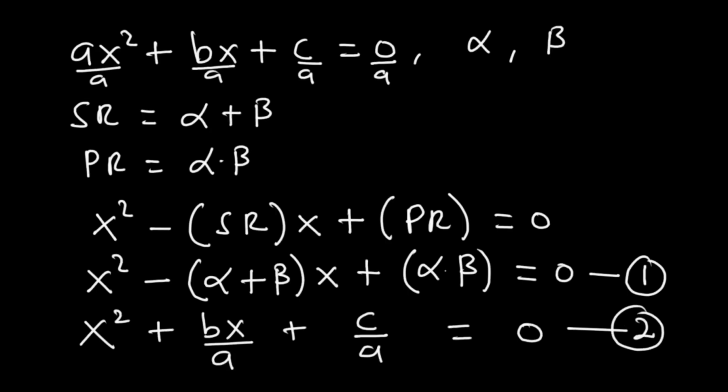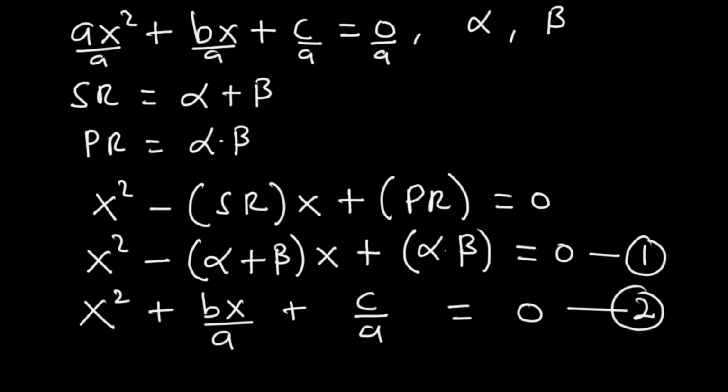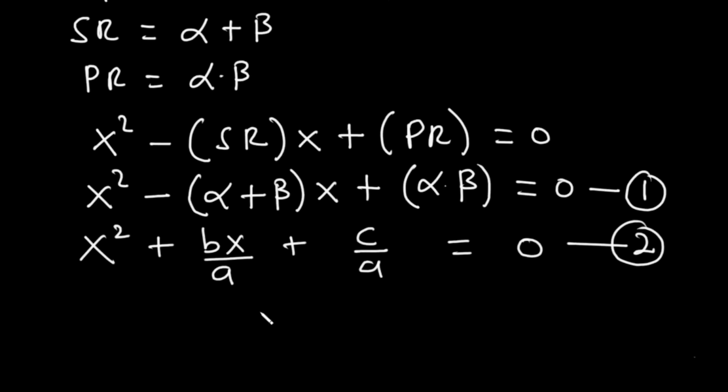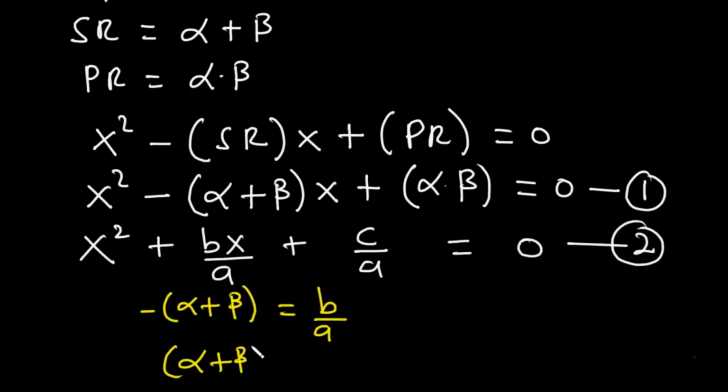So now we can compare the two equations. Considering the x term, we have from equation 1 negative, into bracket, alpha plus beta is equal to b over a. So finally we have alpha plus beta is equal to negative b over a.